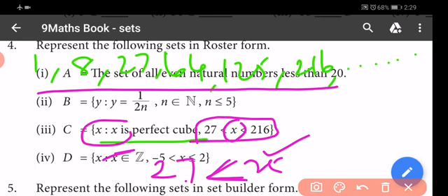So x is more than 27 means 1, 8 and 27 are omitted. So we start with 64.